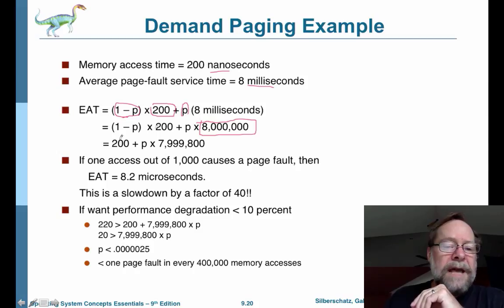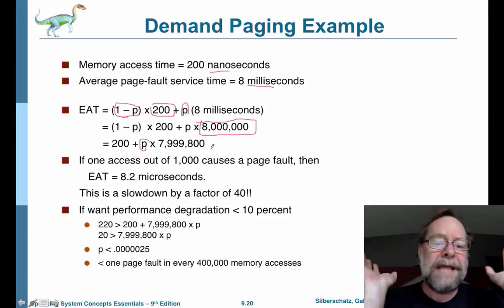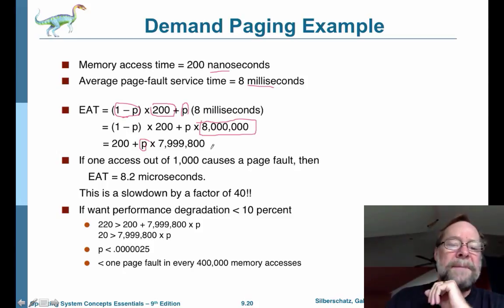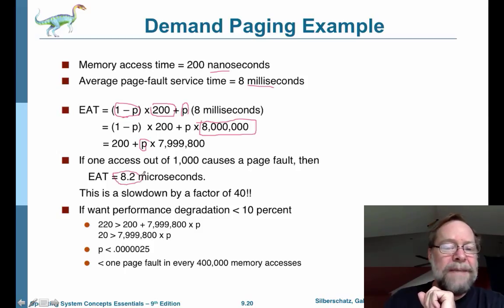So that means our effective access time is going to be 200 plus whatever proportion p is times this great big number, 7,999,800. If p is just 1 in 1,000, 0.001, then our effective access time is actually 8.2 microseconds.